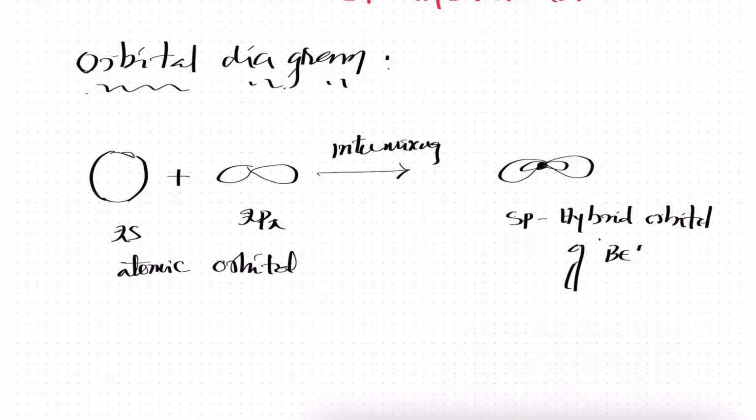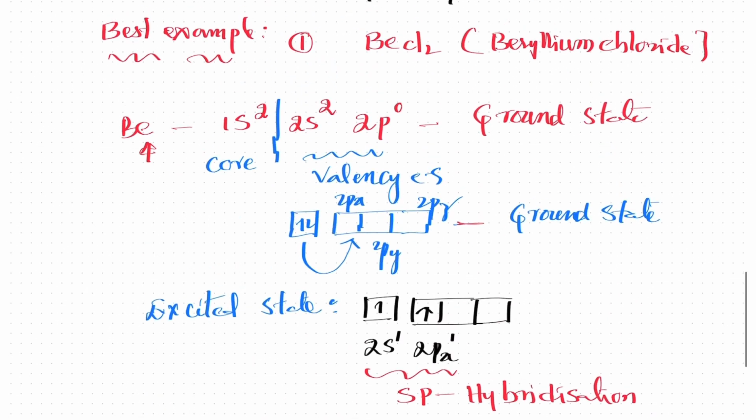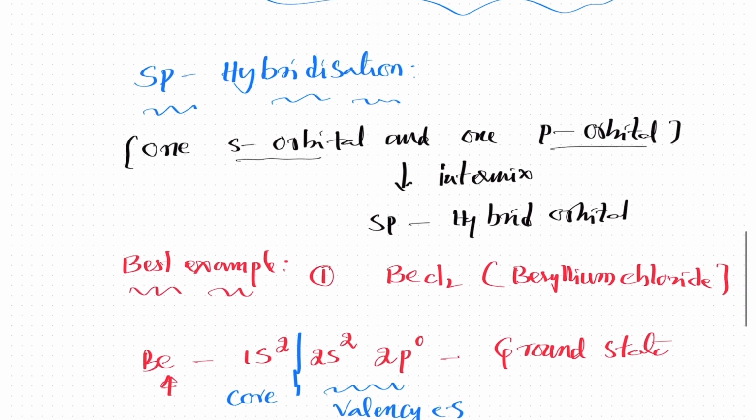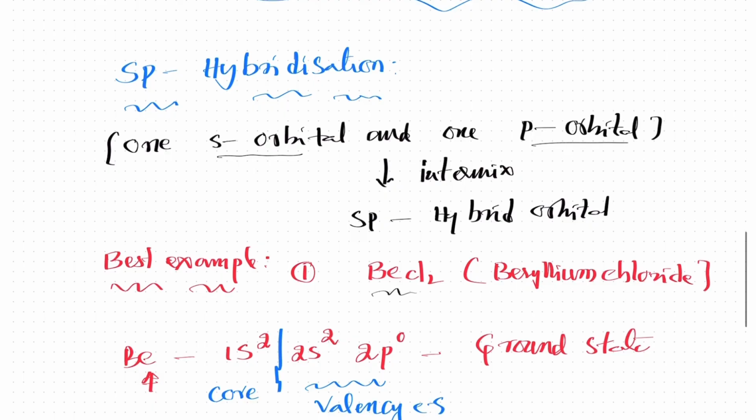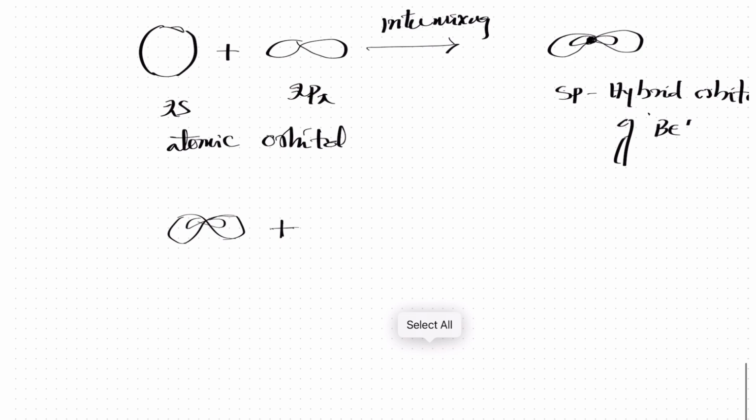Now what happens, you see, this hybrid we have just taken interacts with, what we need to discuss is beryllium chloride, isn't it? So two chlorine atoms interact. You know chlorine atoms are p block elements.